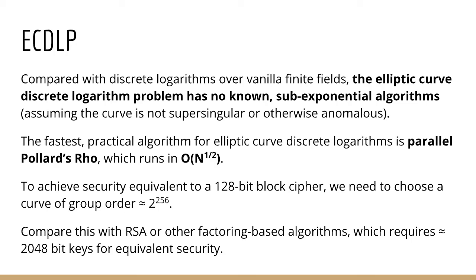So for equivalent security to a 128-bit block cipher, we need a 256-bit elliptic curve key versus a 2048-bit RSA key. So it's a lot more space efficient, and it lets us do public key cryptography.